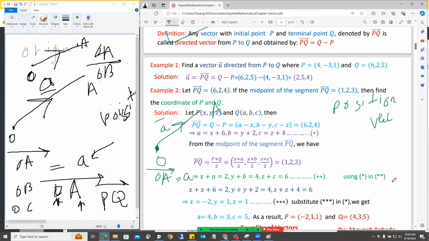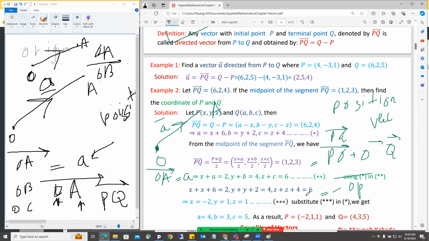Now they have given us the points P and Q, so we need to calculate the PQ vector. From the origin itself, we can write this PQ vector as PO plus OQ. Is it clear? PO means minus times OP vector.